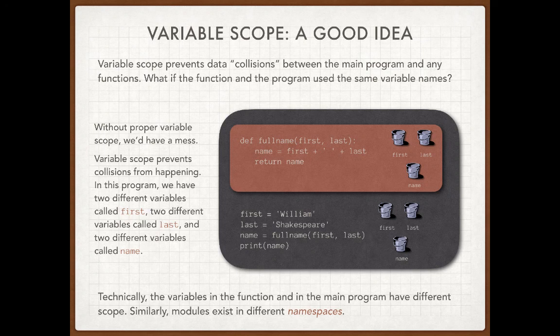Now, we've seen a version of this before, which is the concept of a module. And we noticed that in order to access, say, math.pi, we have to tell Python that it is in the math module, and there's a variable in there called pi. That's a really, really similar idea.